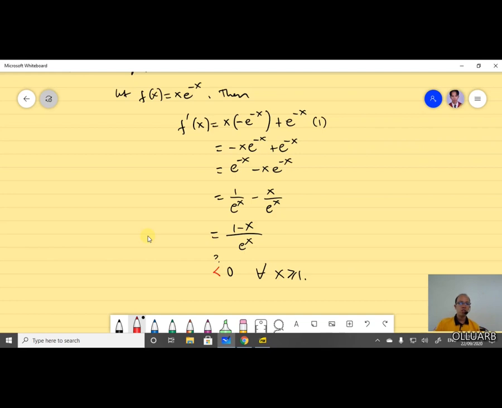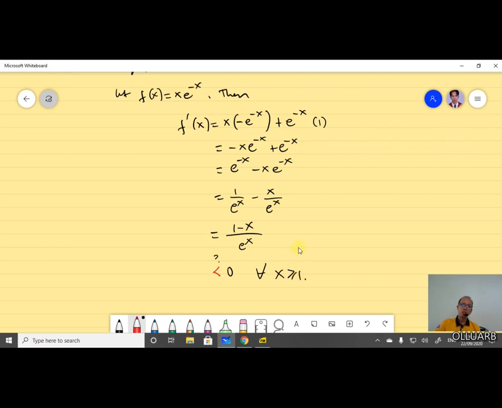Okay, so the problem here is when x is equal to 1. Other than that, this is always negative, other than 1.